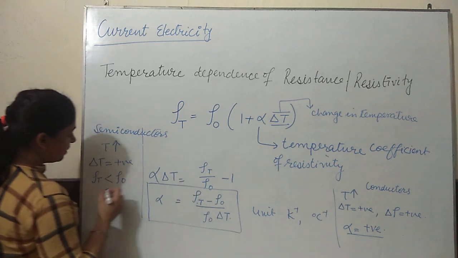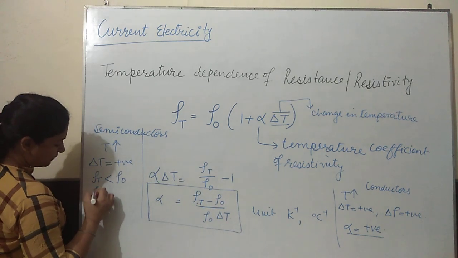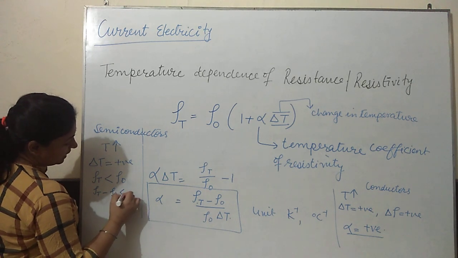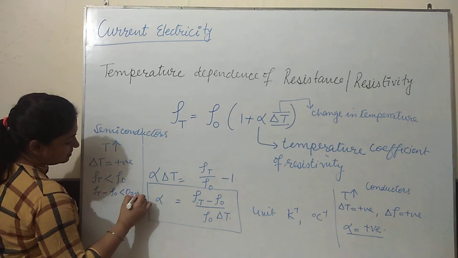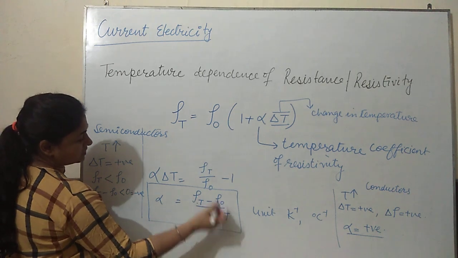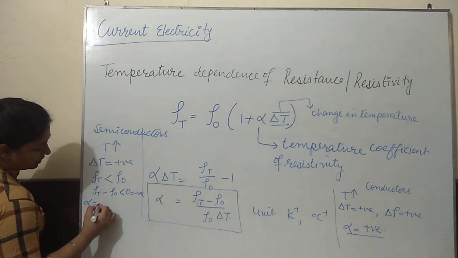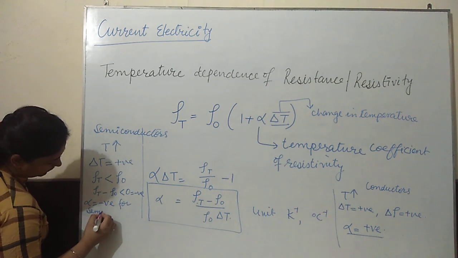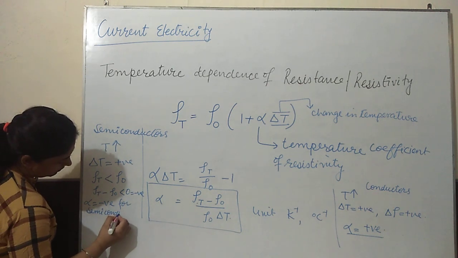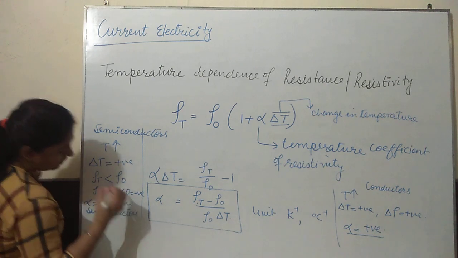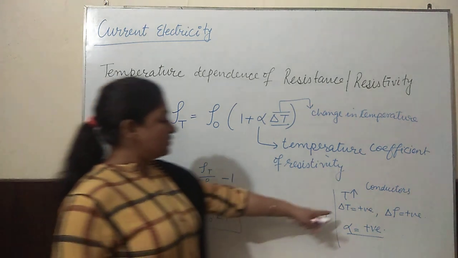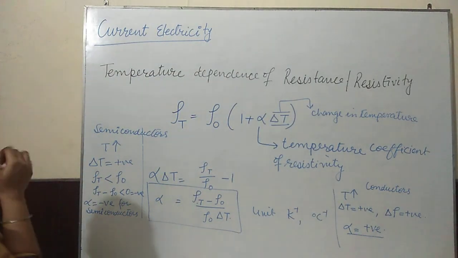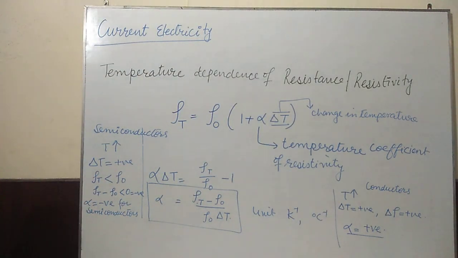So this term would become negative: rho T minus rho naught is less than 0. So this is negative, this is positive. So alpha is negative for semiconductors. So for conductors it is a positive value, and for semiconductors it is negative.